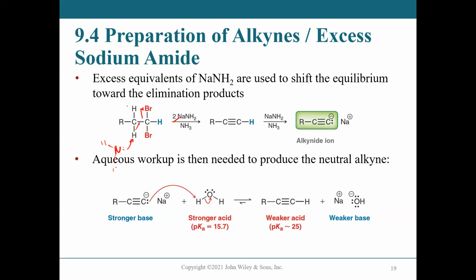The second equivalent will take this one, and this will be gone. Then we can get rid of that hydrogen here and move this here, and we have the alkynide ion. So aqueous workup is then needed to produce a neutral alkyne. With water, we protonate that, and we have our neutral alkyne.